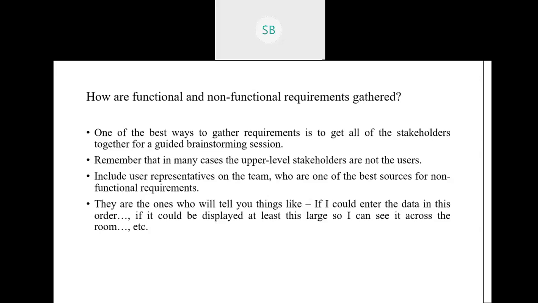Suppose I give you an example of an email field. If I write an email with an at sign and gmail.com, maybe two dots, how should the system behave? If I enter the wrong data, how will the system work?